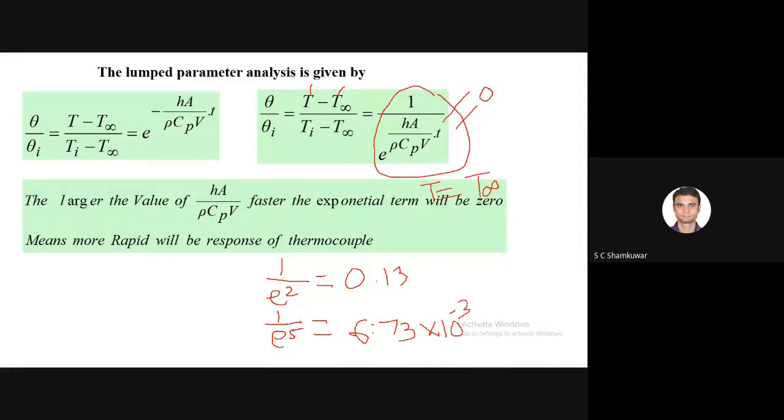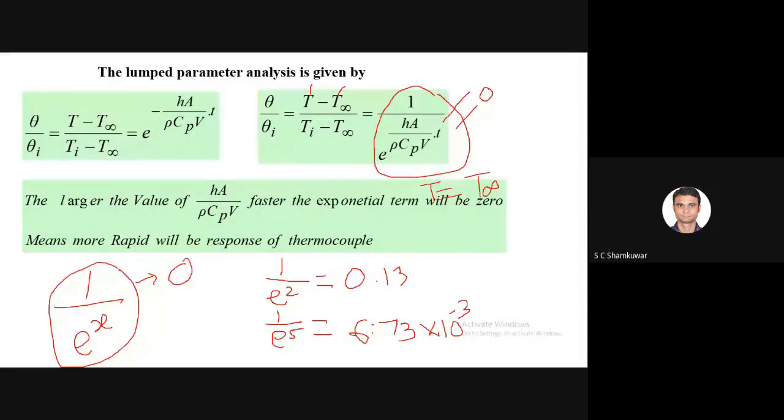So if you see, suppose e to the power x, as the value of x increases, this exponential term goes to 0.